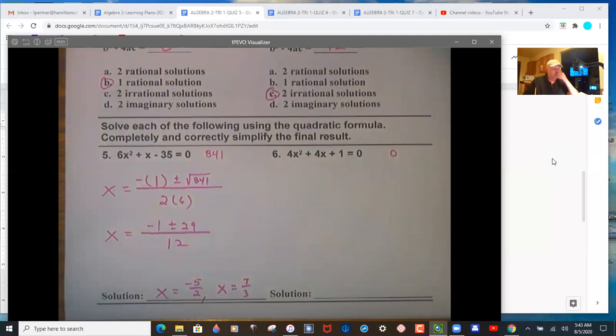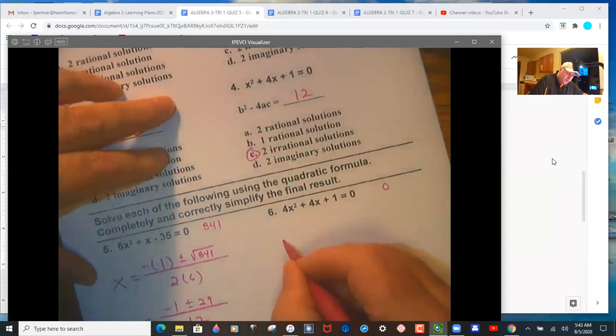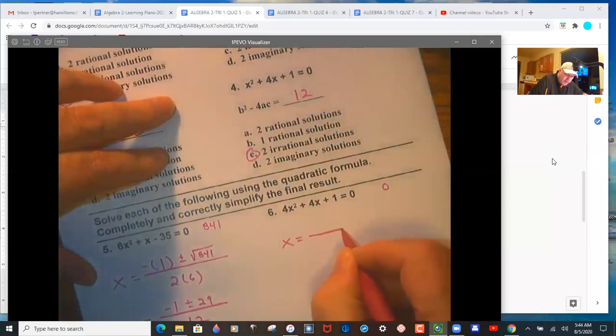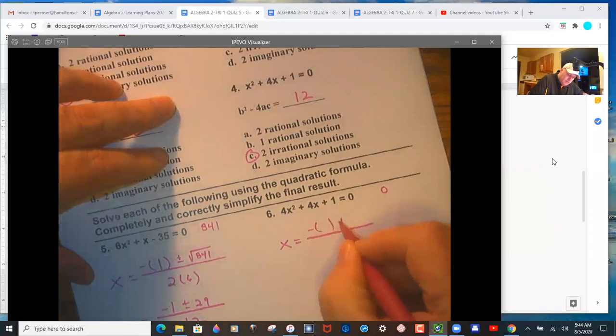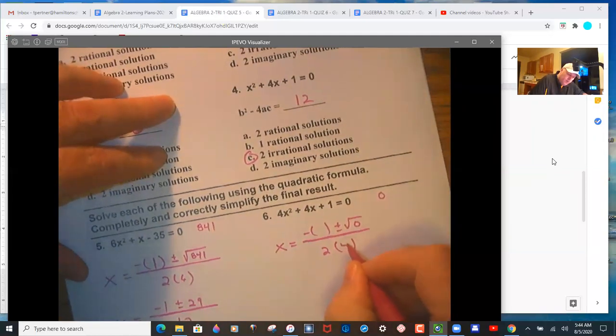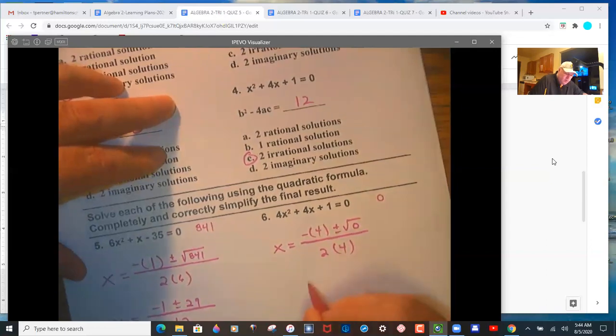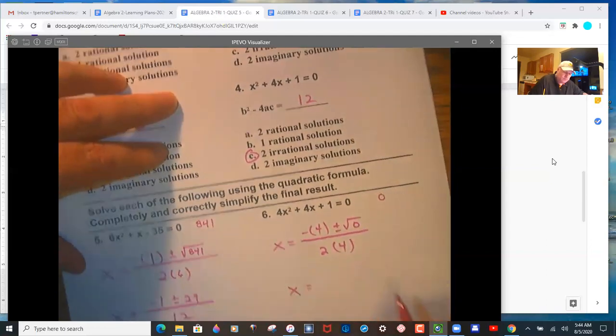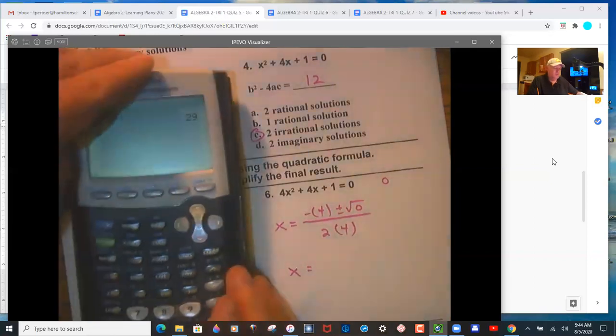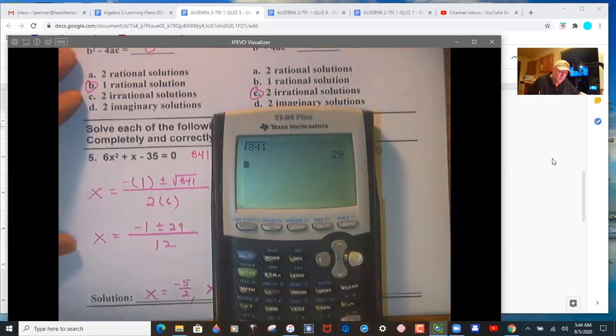Number 6, the discriminant is 0, so start with your shell again. And so A is 4, and then B is 4. Just make sure when you do your b squared minus 4ac that you use parentheses.